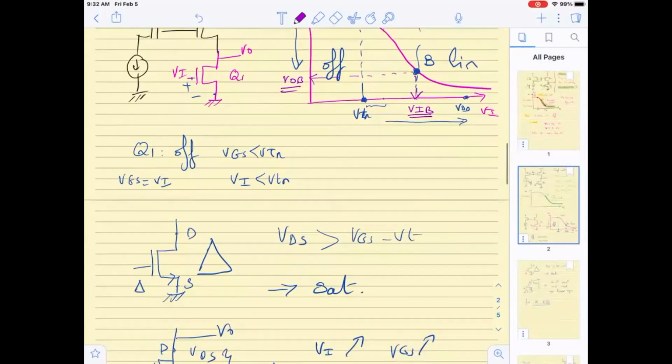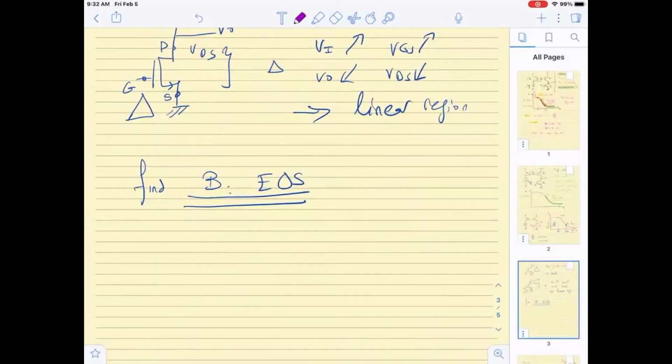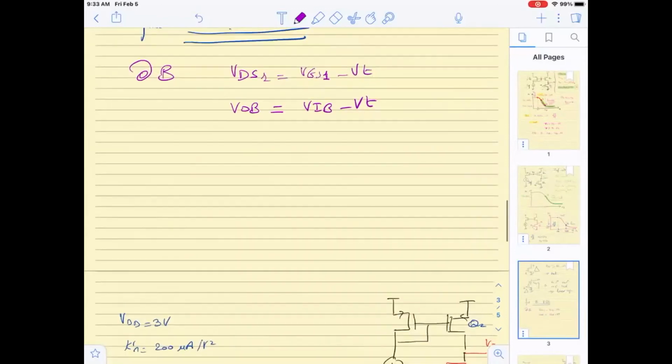Okay, so at B, VDS1 equals VGS1 minus VT, so I will have VOB equal VIB minus VT. So how can I solve for this point? Let us look at the circuit to see how we can solve for this point.